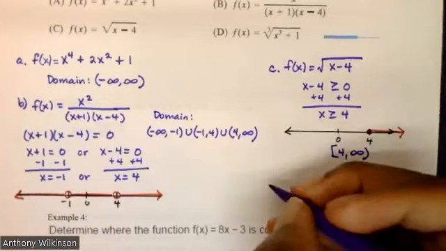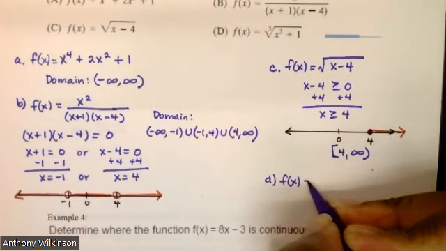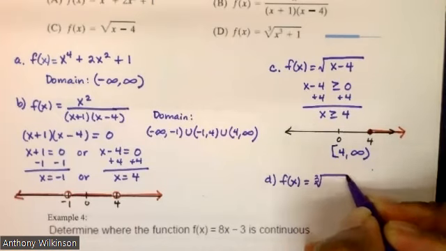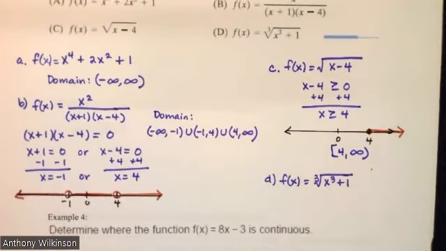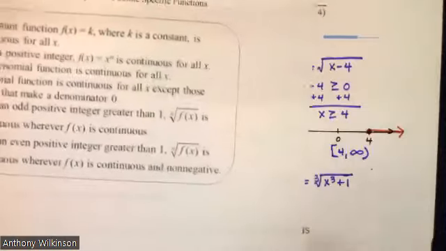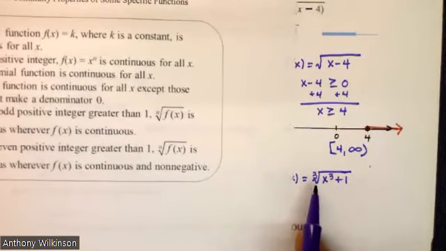All right, and part D looks like this. We got f of x is equal to the cube root of x cubed plus 1. Well, based on that theorem, we have an odd root.